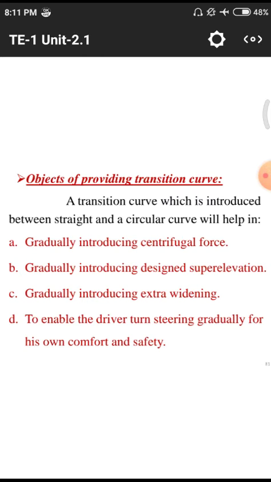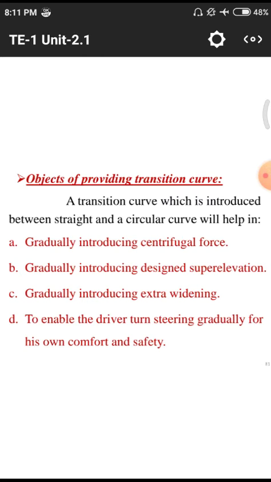If the driver is not comfortable traveling on the road, then the road we lay is not useful to the users. The laid portion should be useful for drivers and other vehicles, and comfortable for pedestrians and others using the road.